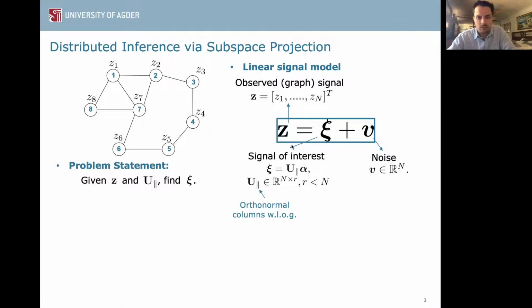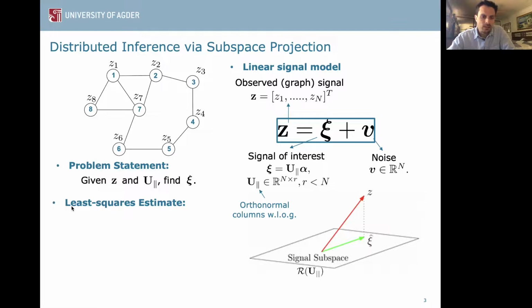The problem is, given the observations as well as this matrix defining the signal subspace, to find psi, the signal term. So it's like a denoising problem. And perhaps the most classical estimator to solve this problem is the least squares estimator, which projects the vector of observations onto the signal subspace.